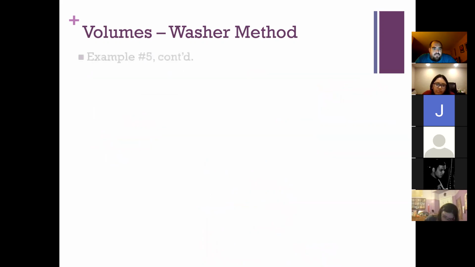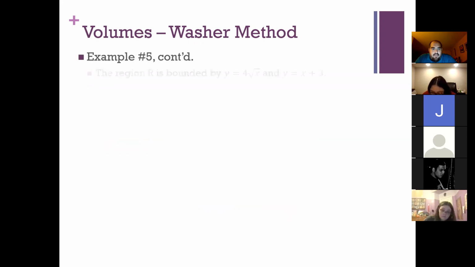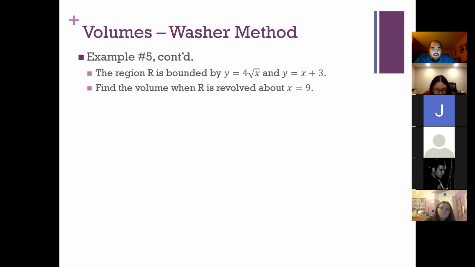Right, I think these next two parts are volumes, but let's see what the differences are. So volume revolved around the y-axis and volume revolved around x equals 9. Let's just do one of these parts. Let's go ahead and just do this one. So I'll go ahead and draw that region again.